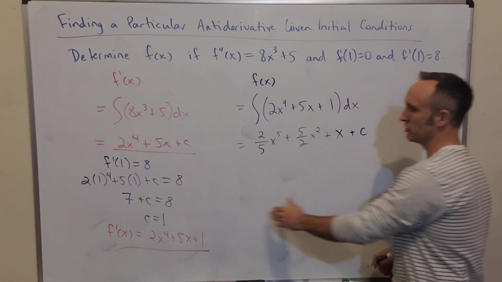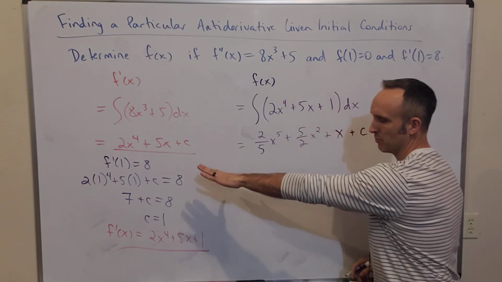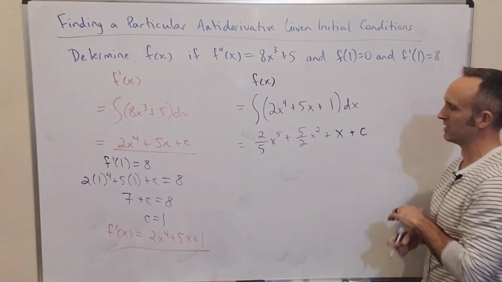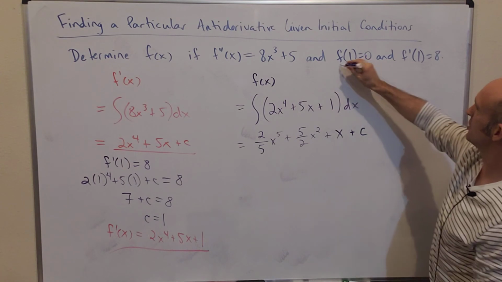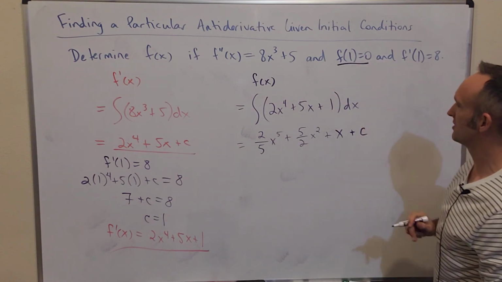And since I've determined the previous c, I've kind of disposed of it so I can reuse the same letter here. All right? And then I need to use the initial condition about f to figure out this c.